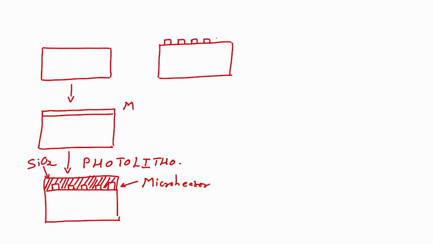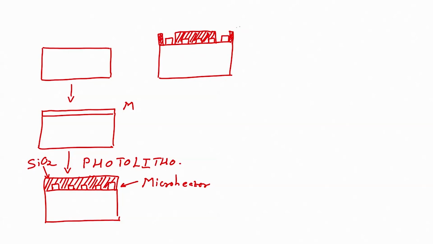After we deposit silicon dioxide, we will remove silicon dioxide from the windows for the contact, and the remaining area would have silicon dioxide.